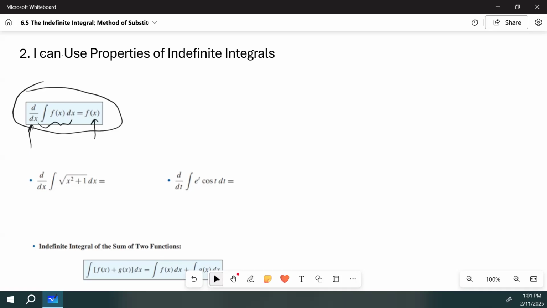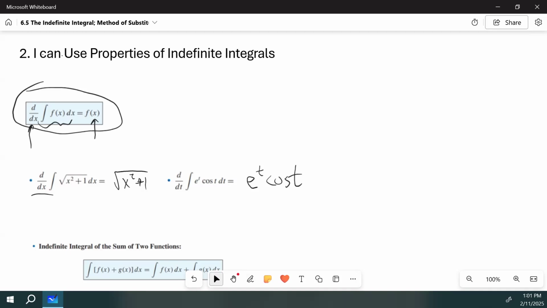Because remember, integrating is essentially taking the antiderivative, and if this is saying take the derivative of the antiderivative, then you're going to be back where you started. So for this first one, the derivative of the integral is the square root of x squared plus 1. You probably guessed it is going to be x squared plus 1. The derivative of e to the t cosine t is going to be e to the t cosine t.